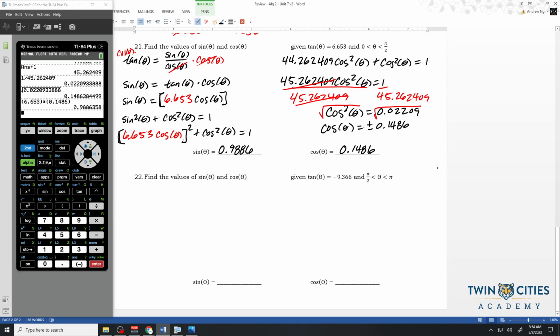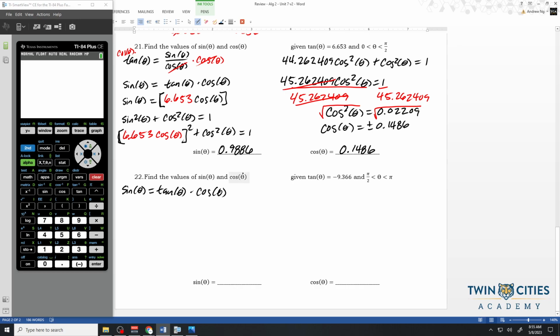All right, let's do one more problem, just like this one. I've got to find the values of sine of theta and cosine of theta. I'm given tangent of theta is, this time, negative 9.366, and my restriction is pi over 2 is less than theta, less than pi. All right, just like before, let's begin with sine of theta is equal to tangent of theta times cosine of theta.